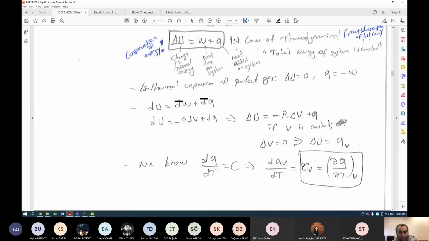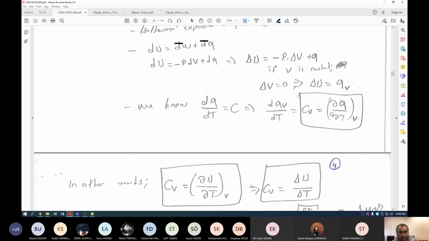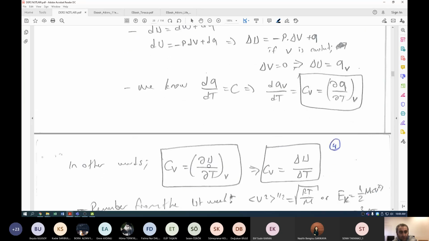Now we get CV as delta Q over delta T at constant volume. Since delta V is 0, we can replace Q with U, so we get CV as delta U over delta T at constant volume. So CV is described as the change of the internal energy with temperature.